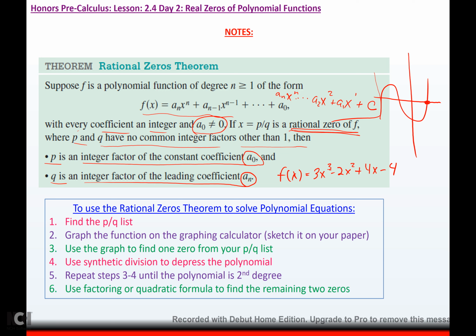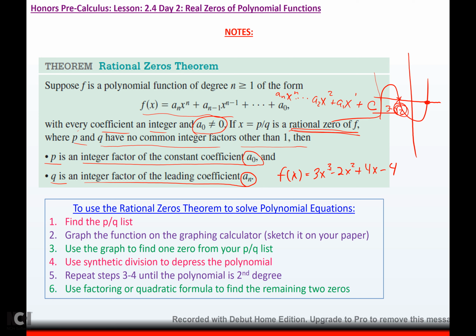But let's say that this thing's crossing right here at 3 minus the square root of 2. That's not rational. Anything with a radical in it that's not a perfect square is going to be irrational, meaning if you typed this in a calculator, got a decimal equivalent, and tried to write it as a fraction, you can't, because it's irrational. That number goes on forever, but there's no pattern to it. It doesn't repeat.